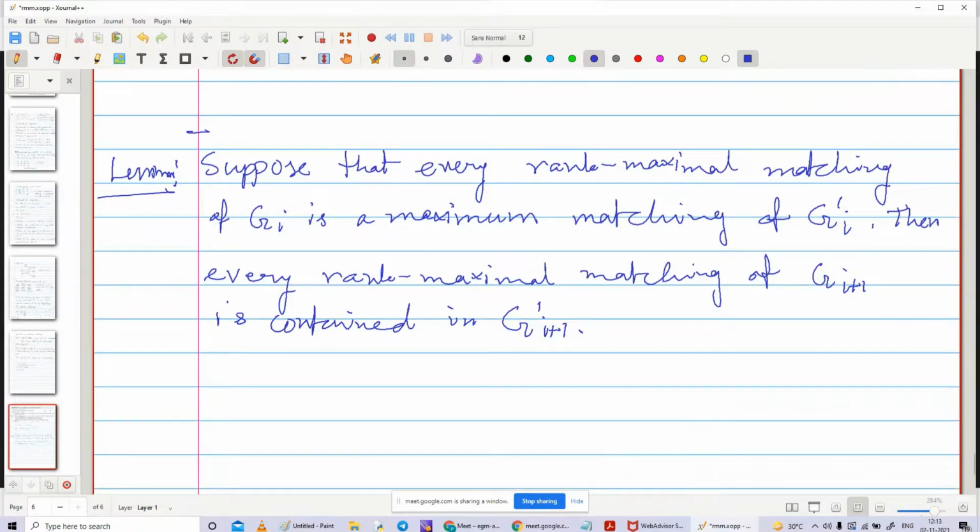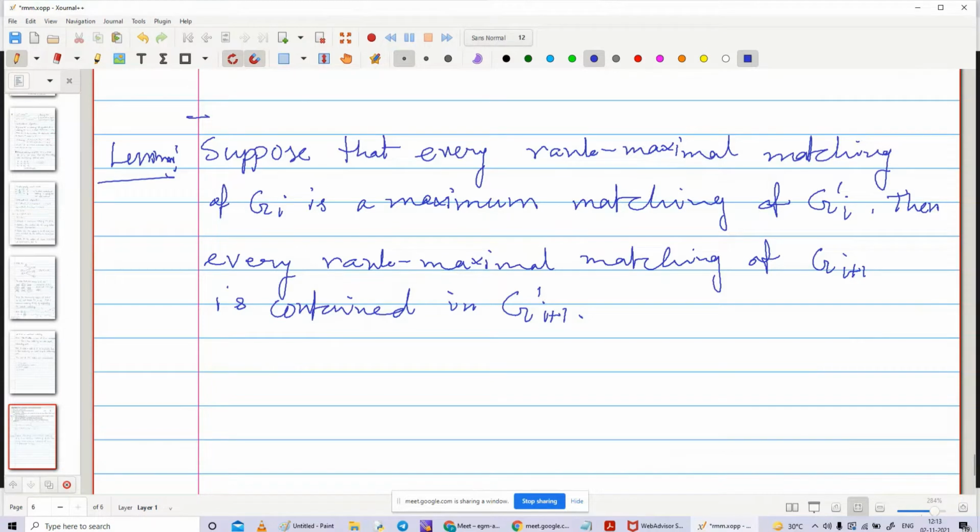So this is just a lemma to prove the main theorem. This is not the main theorem. Here we are assuming that in the ith iteration, every rank maximal matching is a maximum matching of G prime i. Then we will show that every rank maximal matching will be contained in G prime i plus 1.